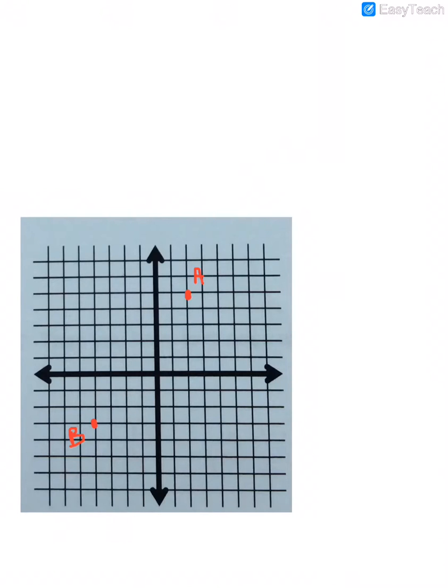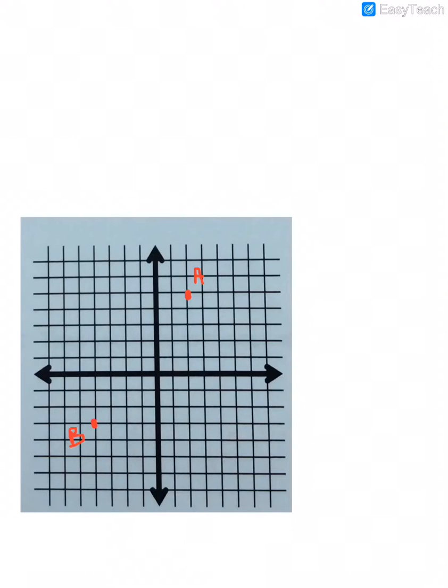To label points on a graph, we start at the origin and we do our x-coordinate first, which means we tell how far we go left or right first, and then our y-coordinate, which tells how far we go up or down.